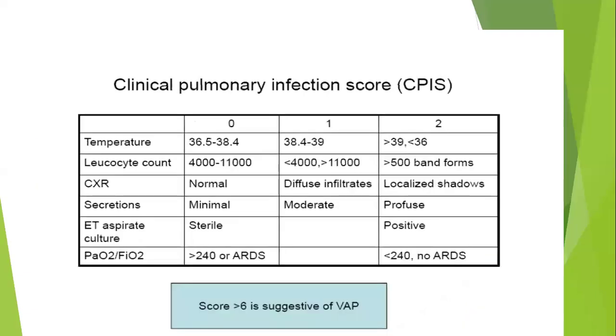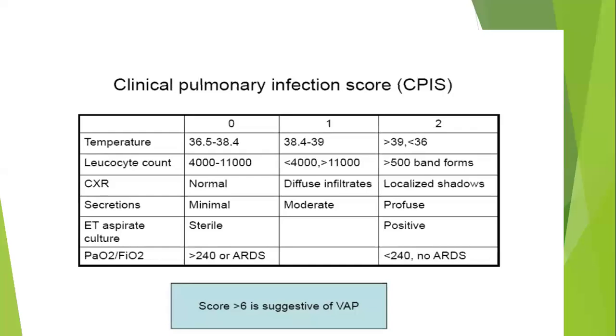Now, one way to also look at diagnostic criteria for ventilator-associated pneumonia is what we call the clinical pulmonary infection score, which has six different parameters. You want to look at the temperature, the white blood cell count, the chest X-ray.